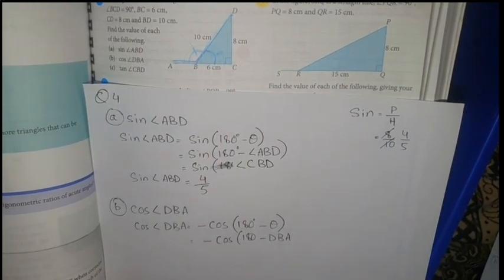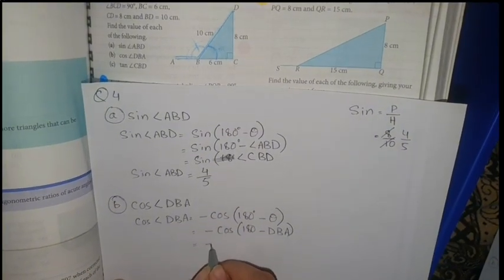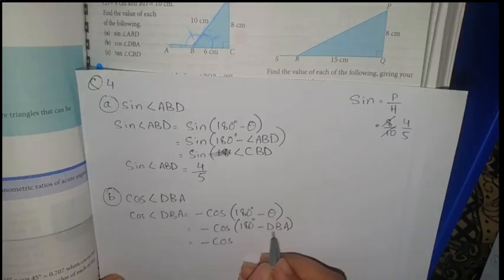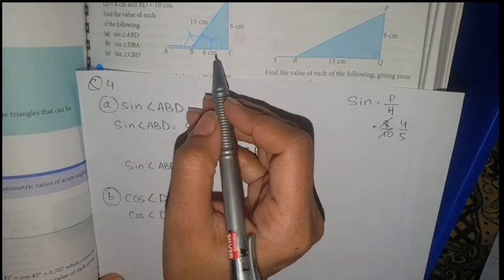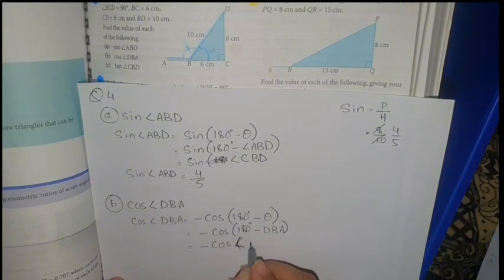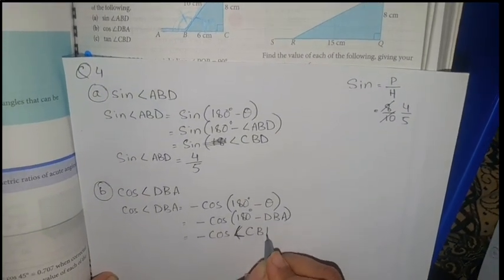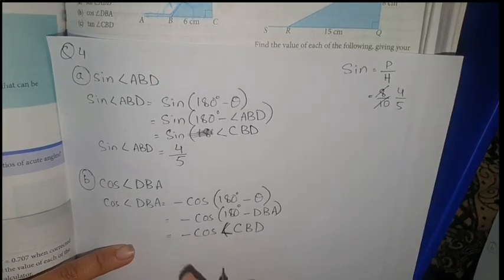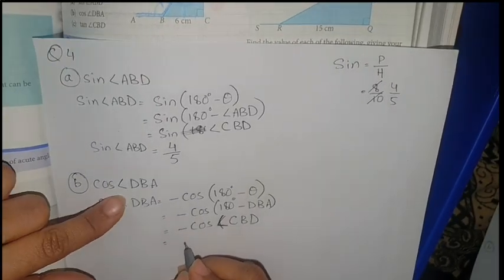If we subtract, we'll get minus cos of 180 degrees minus DBA, which means we'll get angle CBD. So cos angle CBD. What is the value?